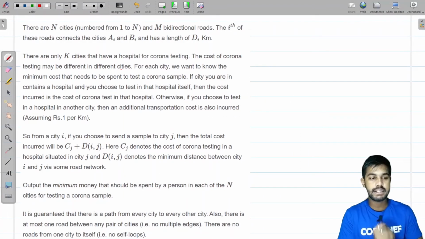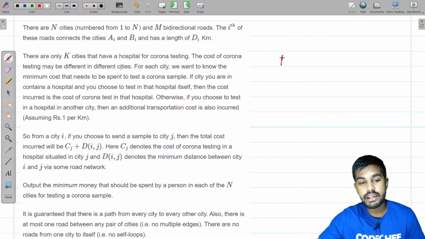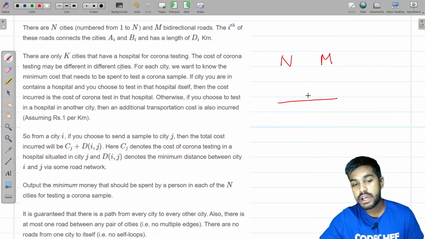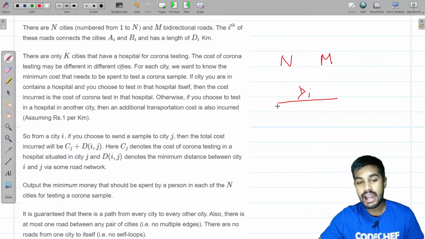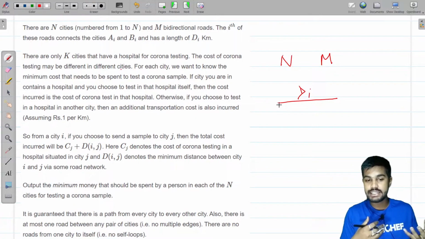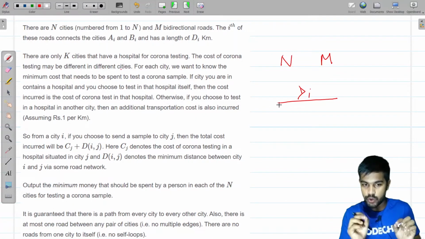Now, let us understand the problem statement. We are given n cities and m bidirectional roads, and each road has a length of di, and there are different cities where the cost of corona testing may be different.